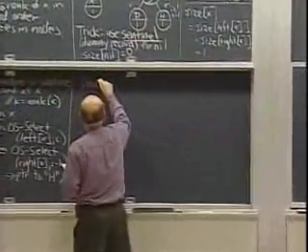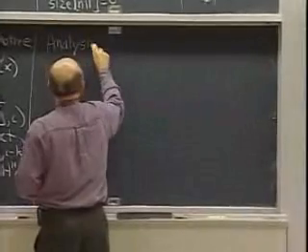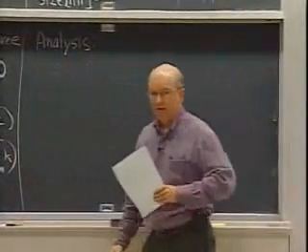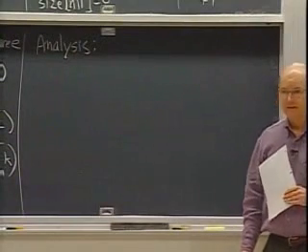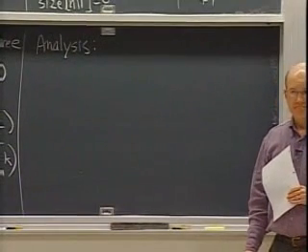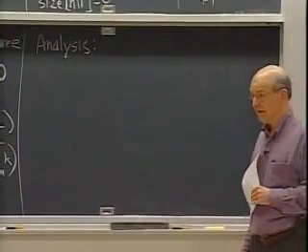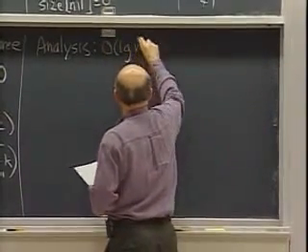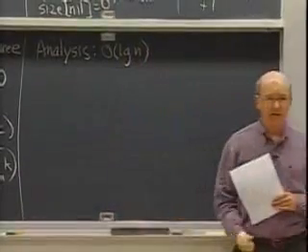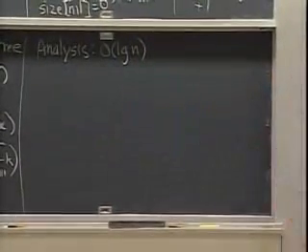So we do a quick analysis. On a red-black tree, how long does OS-Select take to run? Yeah, order log n if there are n elements in the tree. Because a red-black tree is a balanced tree, its height is order log n.